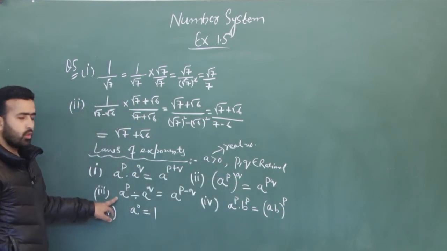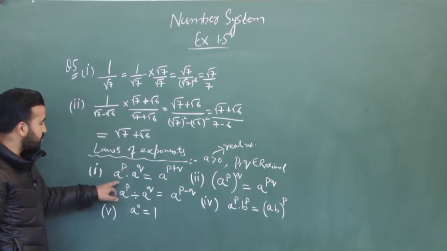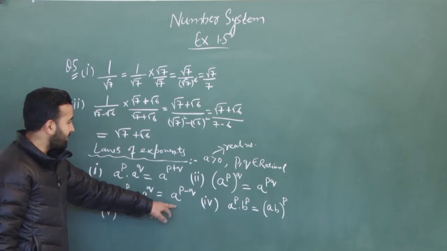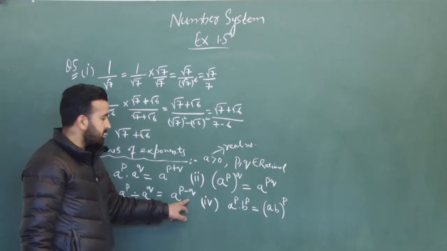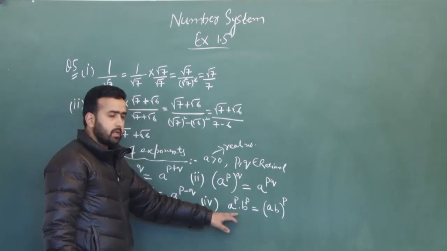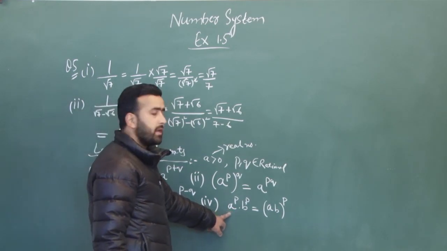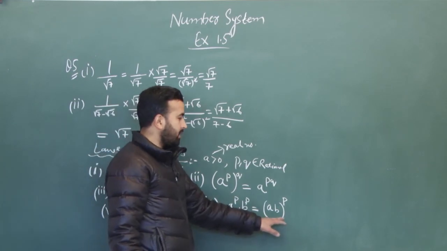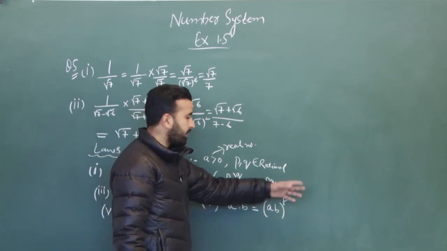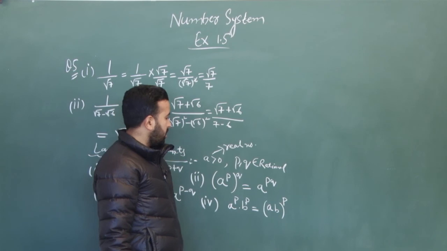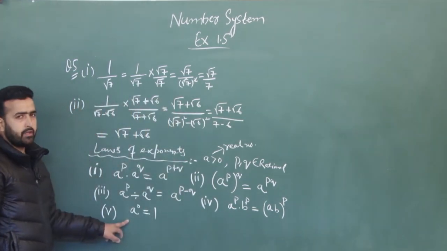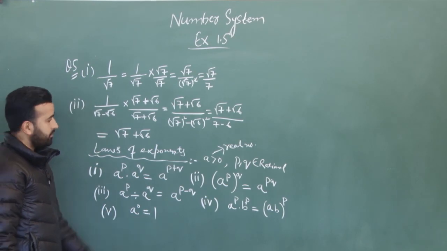If we have the quotient, a raised to the power p divided by a raised to the power q, then the powers will be subtracted. If we have two different bases but the same power, the bases will be multiplied and this power can be taken as the power for both numbers. Then the last one, anything raised to the power 0 is always equal to 1.